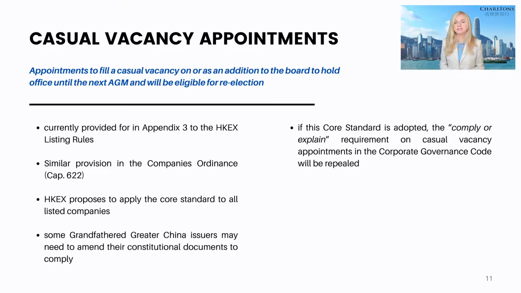The applicability of this standard to these companies will therefore be reviewed by the Exchange on a case-by-case basis. The Exchange proposes that if this standard is adopted, the comply or explain requirement on casual vacancy appointments in the Corporate Governance Code in Appendix 14 to the Listing Rules will be repealed.